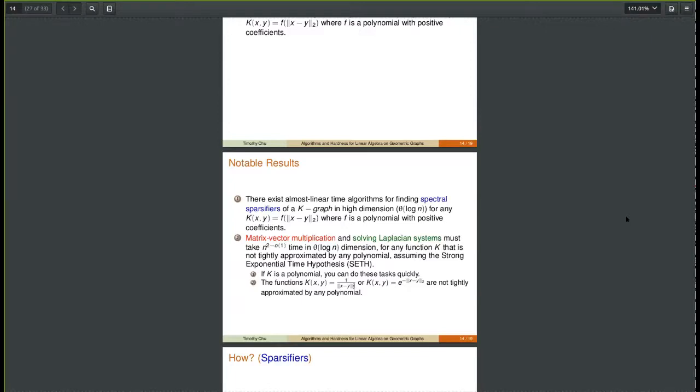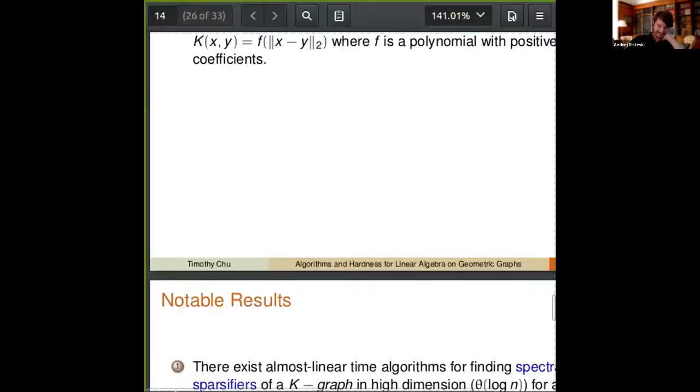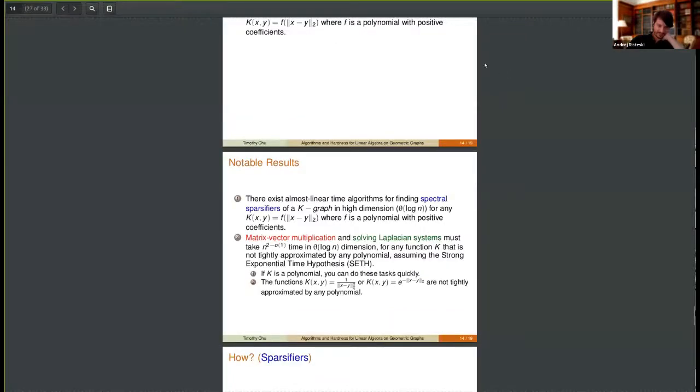Sorry, how do I stop sharing? Where you have share screen, there should be stop sharing. Hang on. Sorry about this. I can't find the button. I'm sorry. Is there a way you can cut my feed? It's a good question, Tommaso.